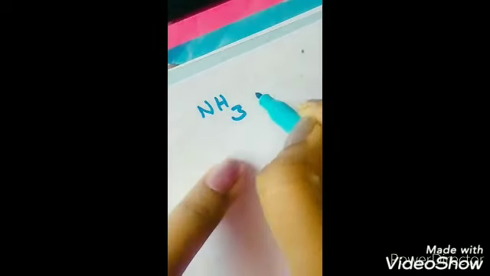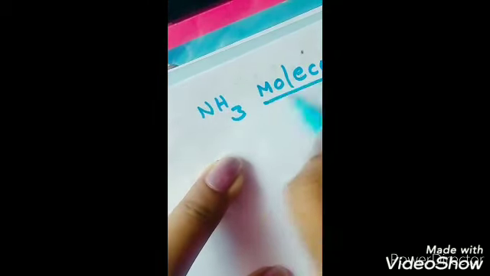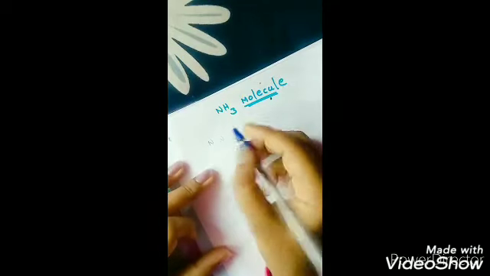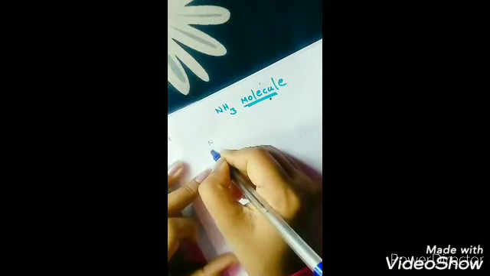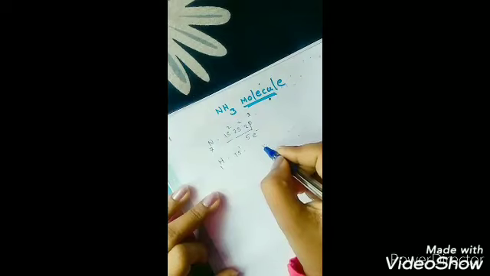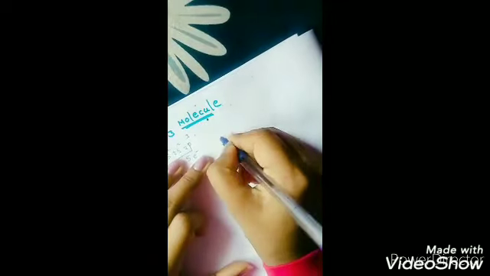Let us go through another example, ammonia, the NH3 molecule. In the NH3 molecule, nitrogen and hydrogen, these two are the elements present. Nitrogen atomic number 7, the configuration is 1s2, 2s2, 2p3, and 5 are the valency electrons present here. Coming to hydrogen, atomic number 1, 1s1 is the electronic configuration. Let us see the structure of the NH3 molecule.